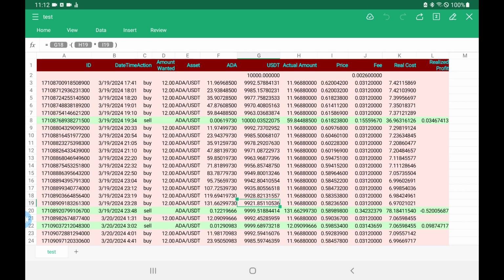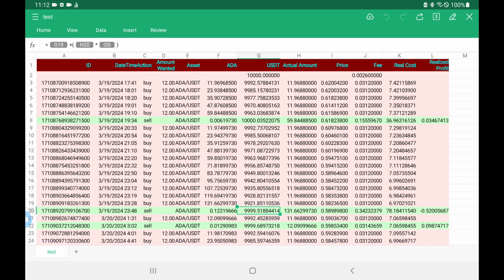Now, if you have more than one asset, say you're trading ADA, Bitcoin, Ethereum, that's all going to come out of one wallet. So your values are going to be significantly more difficult to track in terms of profit and loss. You need to be aware that these can get very confusing, which is why I am only using one currency in this example.